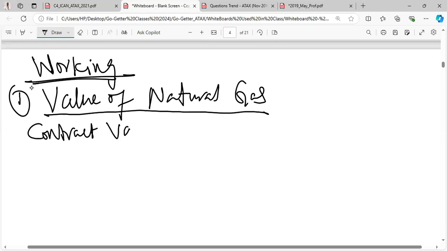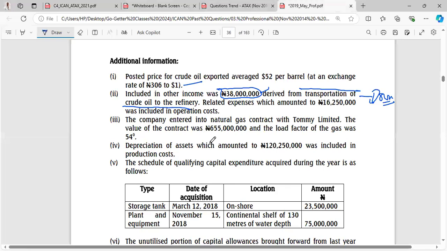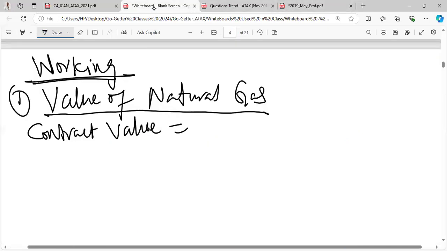Contract value is how much? 655 million.